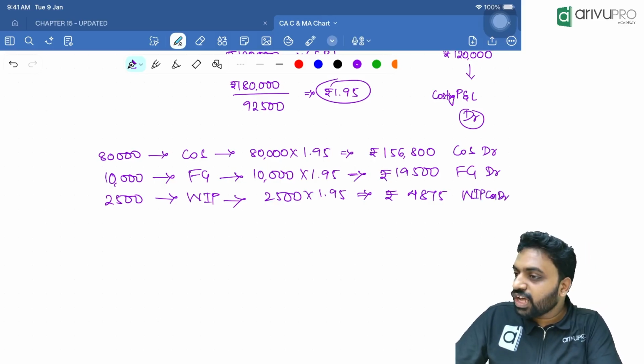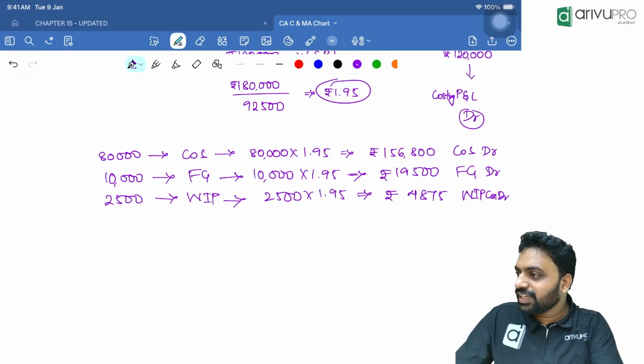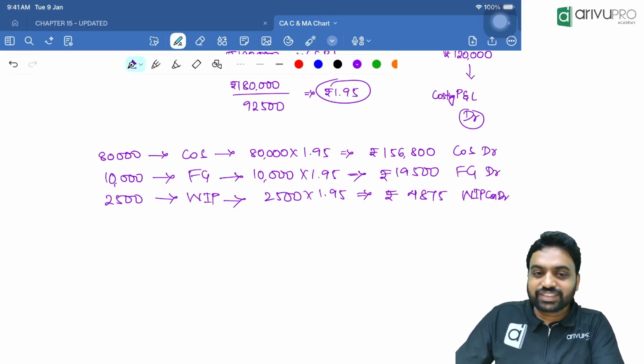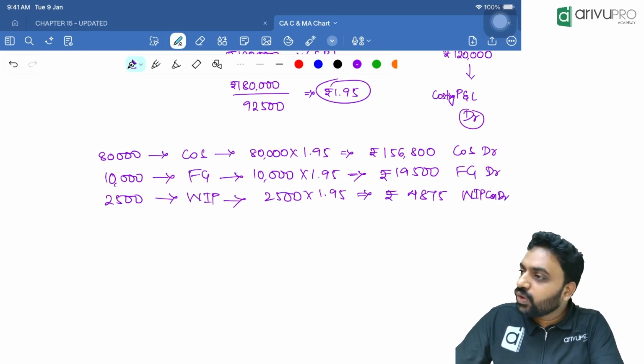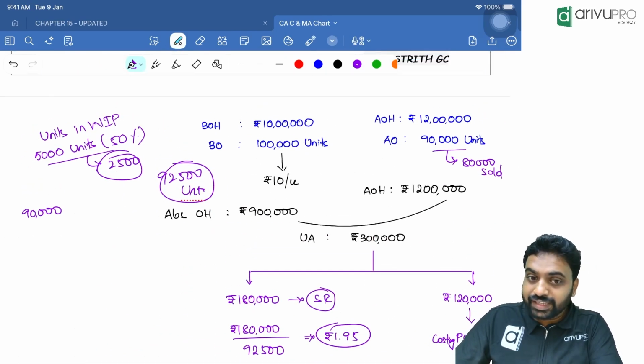Got it? If at all it's over absorption, I would have credited these accounts. As it's under absorption, I'm charging to these accounts, rather than booking everything to costing P&L. I'm going to charge it to these respective accounts. Got it?